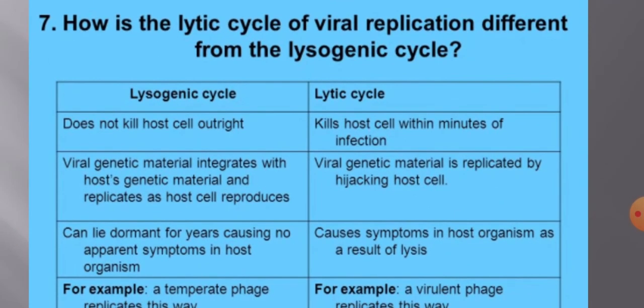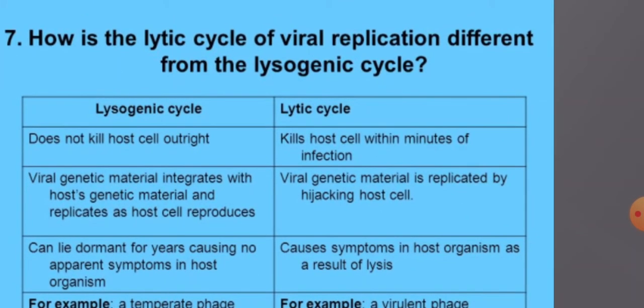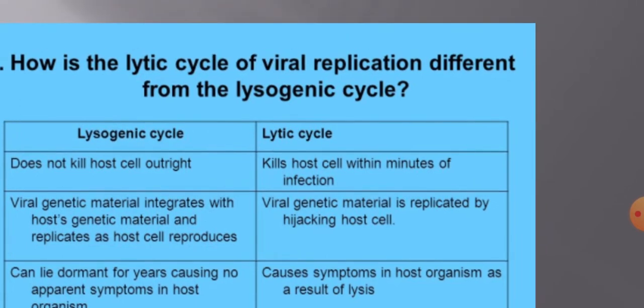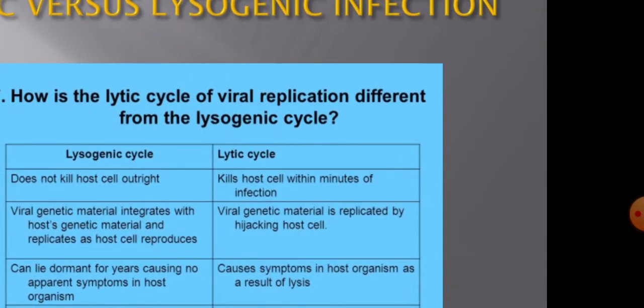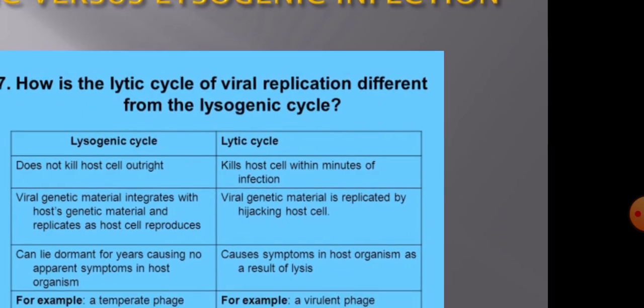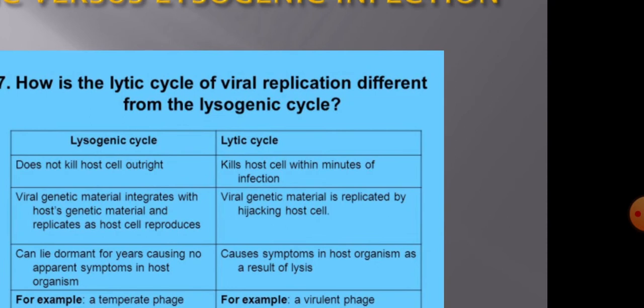In the second point, viral genetic material integrates with the host genetic material and replicates as the host cell reproduces. Viral genetic material is replicated by hijacking the host cell in the lytic cycle.